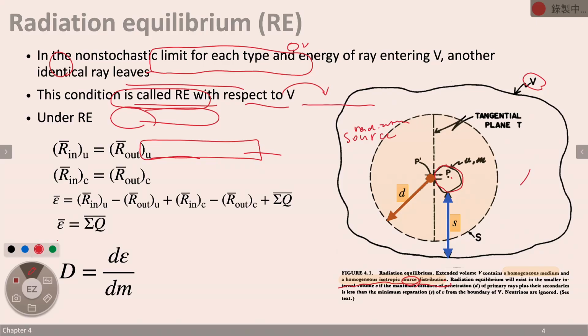And the fourth one is no electric field or magnetic field. These are the four conditions.